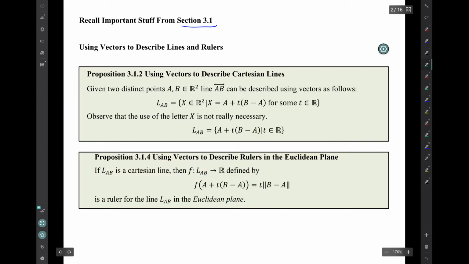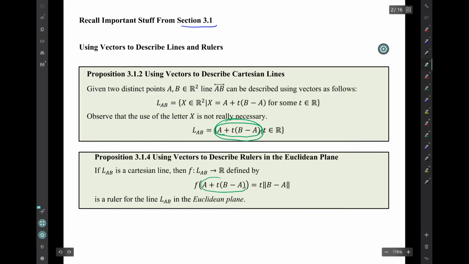Now remember that all of the points on line AB can be written this way. They all are something of that form. So our description of our ruler is going to have to show what happens when you feed that ruler a point on the line. Well, the description uses this description of points on the line and explains what will happen when you feed one of those things as input. So here's the description.